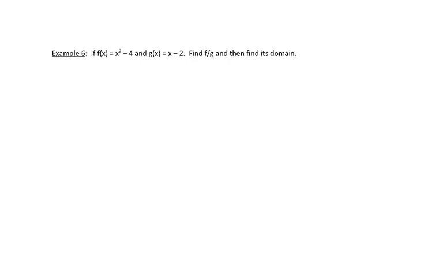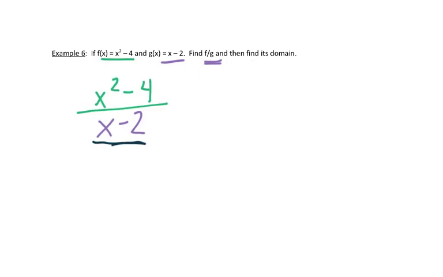So let's look at this. This tells us to find f divided by g. So f we see is right here. That's going to be on top: x squared minus 4. G, that's going to be on the bottom, so x minus 2. So for finding the domain here, we have to look at this denominator before we do any simplification. We have to see that x minus 2 can't equal 0, so we're going to look at what makes it be 0.